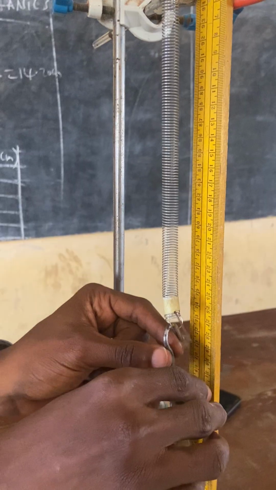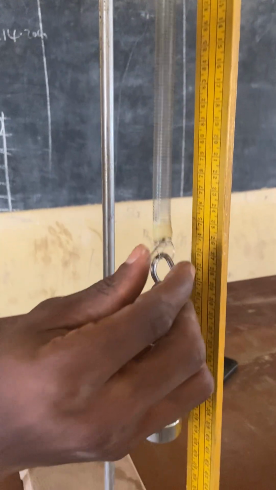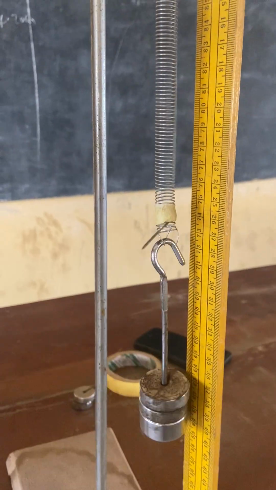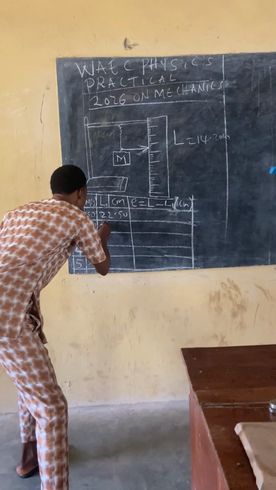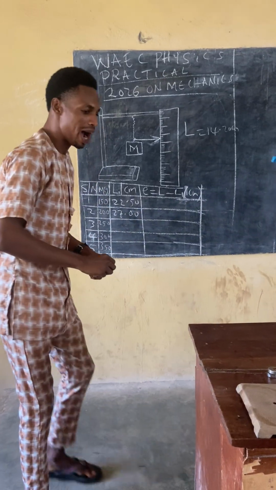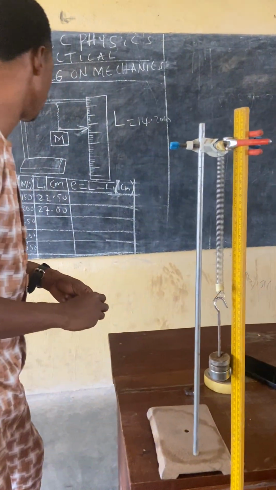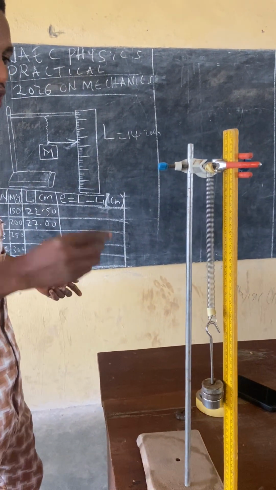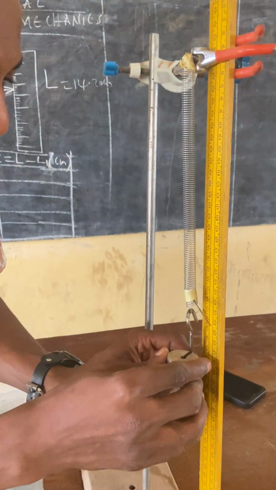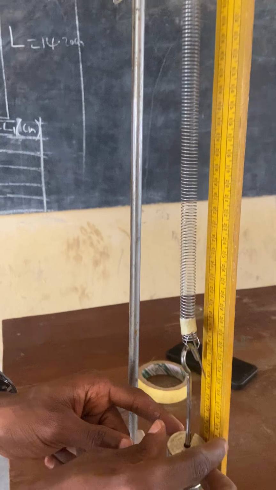Gently, it also increased. Let's assume it is 27, that is 27.00. Now I'll add another mass, making it 250.